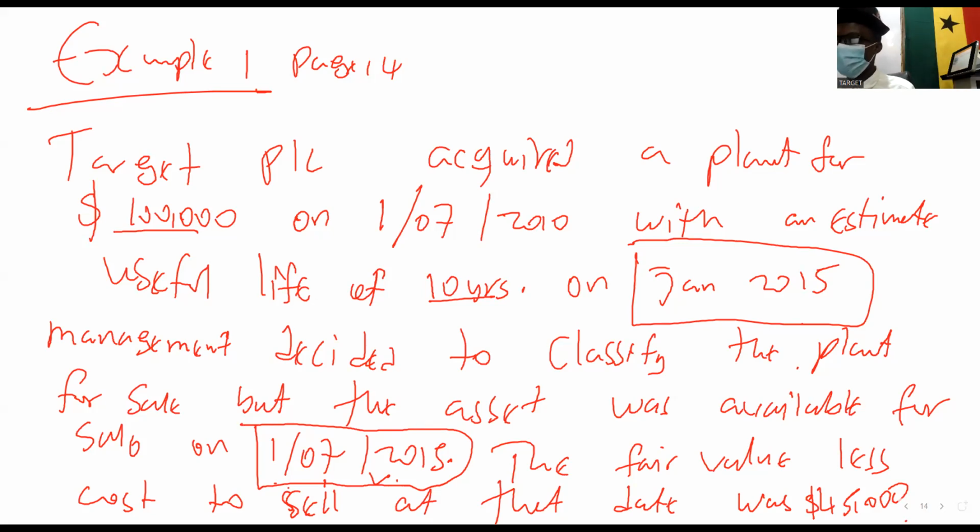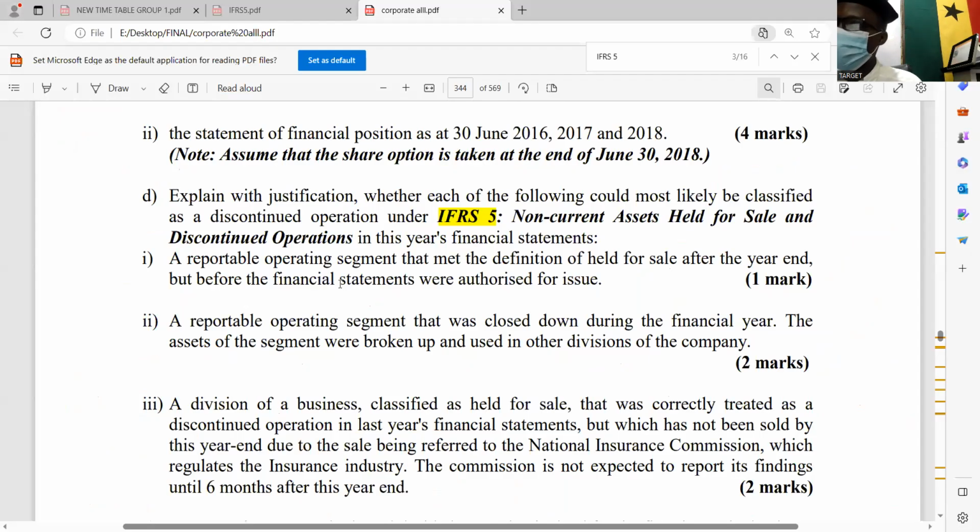So that one we can record within the year. Yeah, because we are disqualifying it because it was not within the year. And let's go to the second one: a reportable operating segment that was closed down. The aspects of the segment were broken up and used in other divisions.